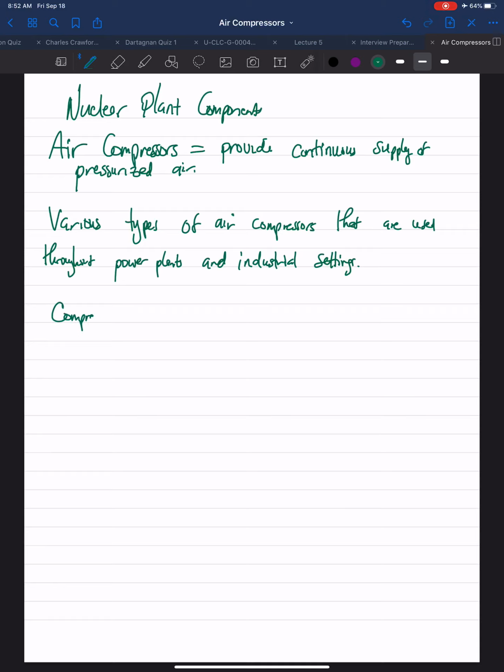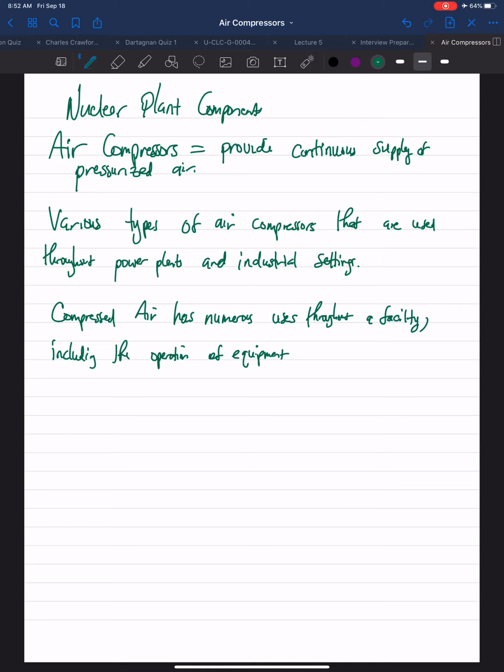Compressed air, which is the discharge or outlet of the air compressor, has numerous uses throughout a facility, including the operation of equipment and portable tools.